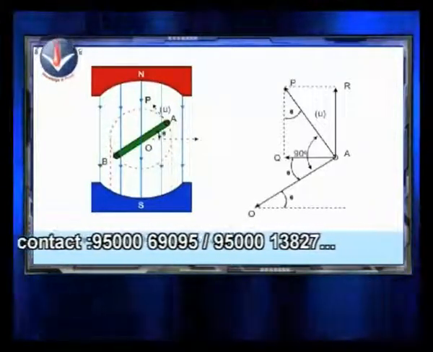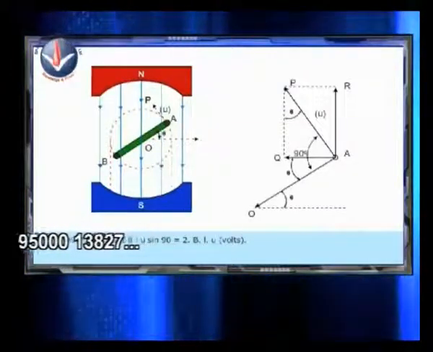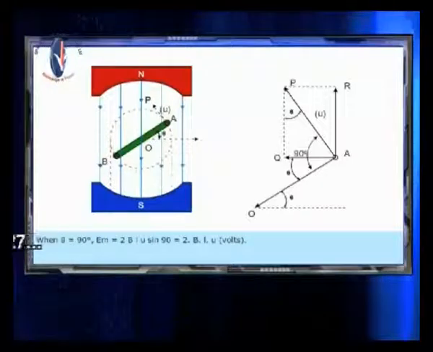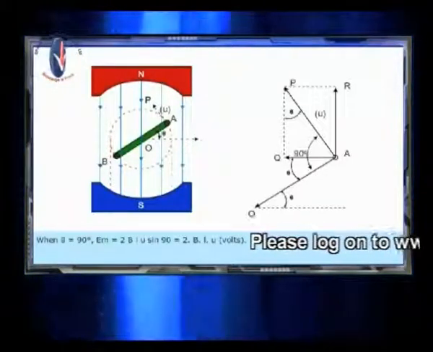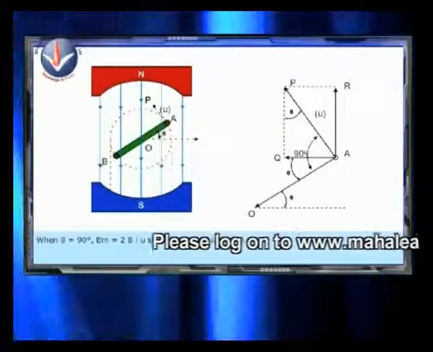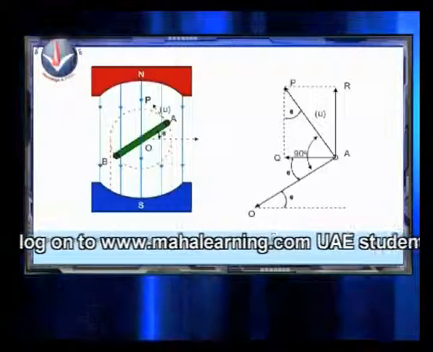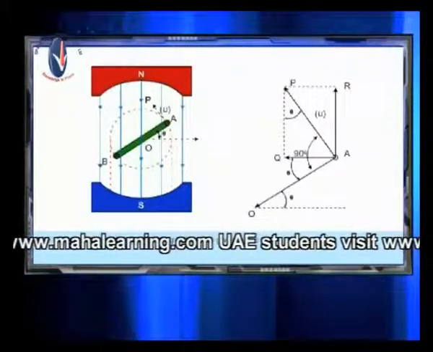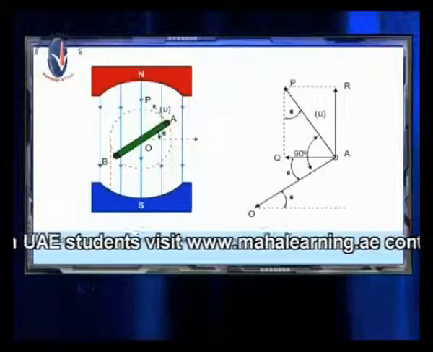When theta is equal to 90 degrees, E_m is equal to 2 into B into L into U sin 90, which is equal to 2 B L U volts. The standard form of an alternating voltage is given by E is equal to E_m sin theta.